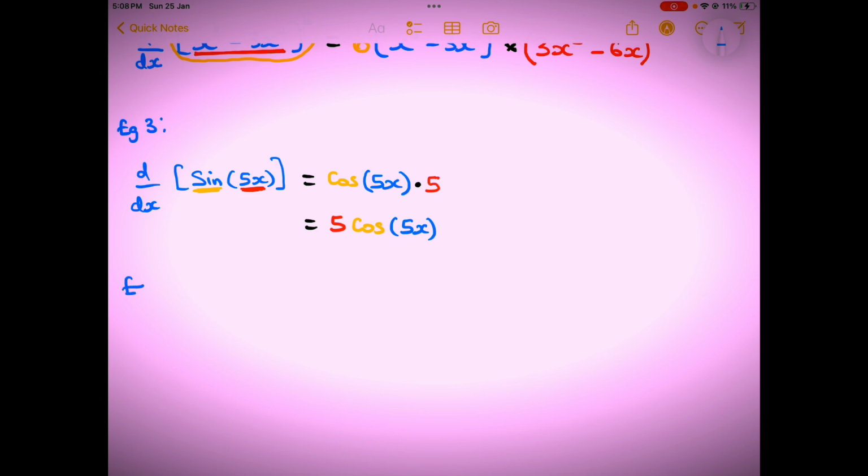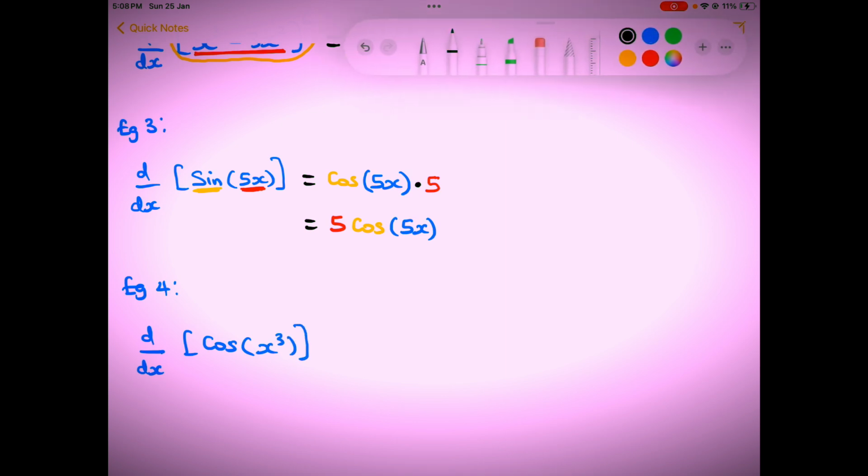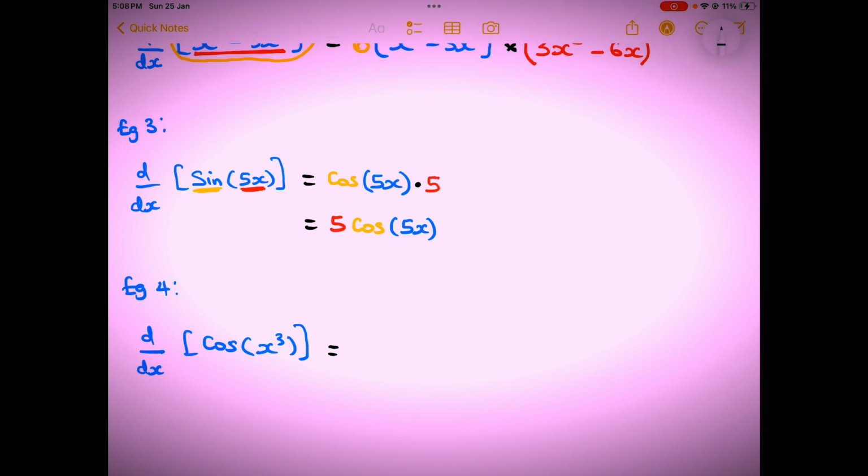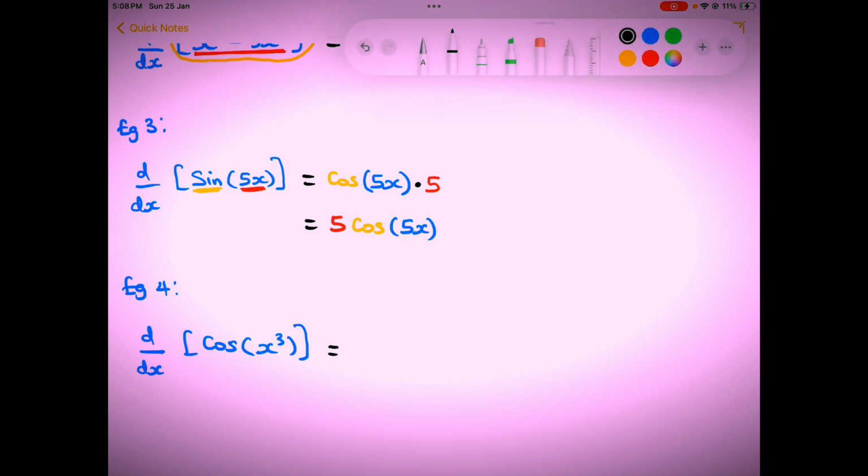Example 4. d dx of the function cos of x to the power of 3. So let's see how to differentiate this one. So guys, we are still following the steps.